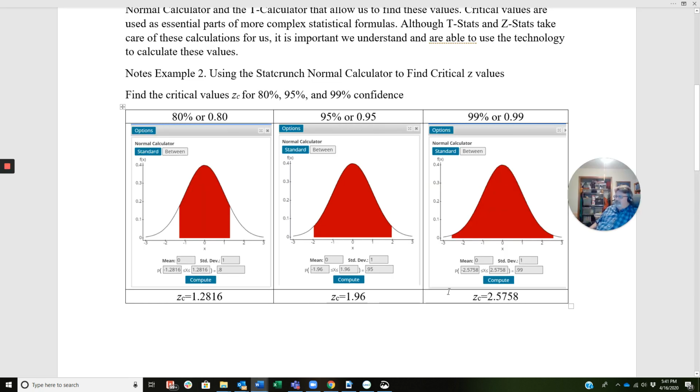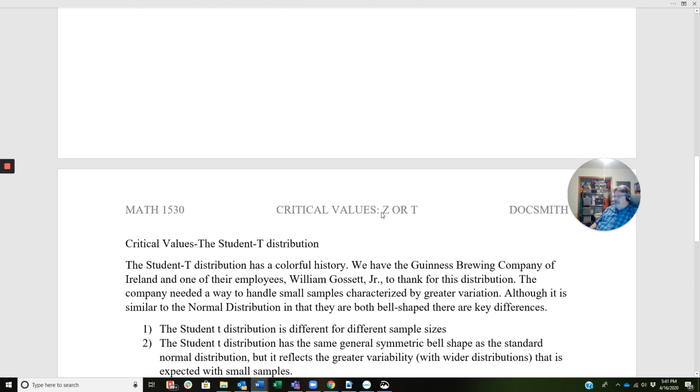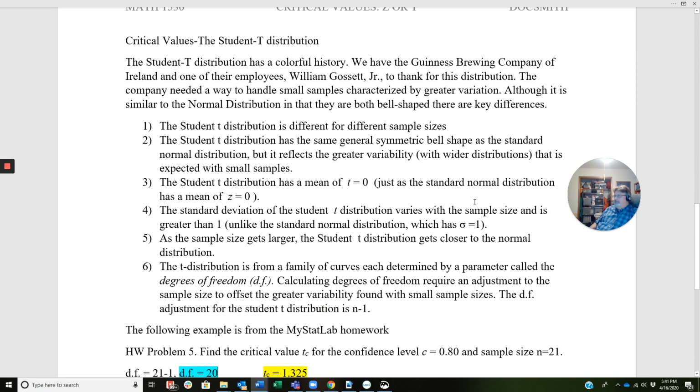So going back to our document, we just finished the section on the normal distribution. I don't think this part should give you any trouble, but that's how you would find these critical values. You notice I have 80% and you notice each one of the scores. And these are Z-scores because we're using the normal distribution. But let's meet our new friend, the student T distribution, which has a colorful history. We've got the Guinness Brewing Company of Ireland and one of their employees, William Gosset Jr., to thank for this distribution.